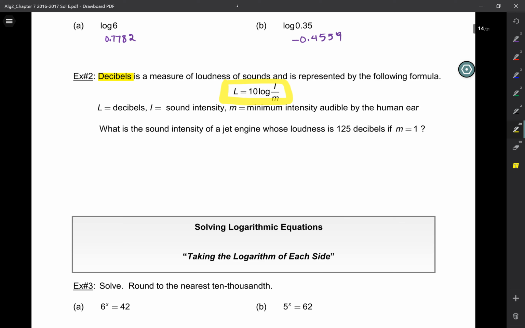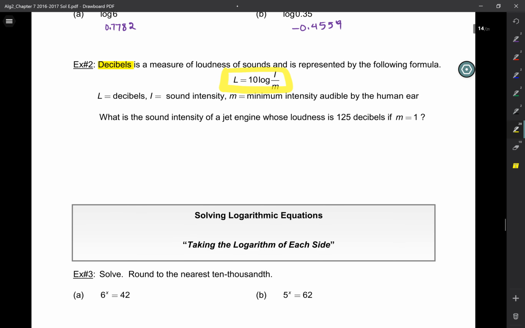Okay, I is what we call sound intensity. That's the strength of the sound. M is the minimum intensity a sound should have in order for it to be audible by the human ear. So in order for the human ear to even hear it, what is the minimum level of intensity? That is M, okay?